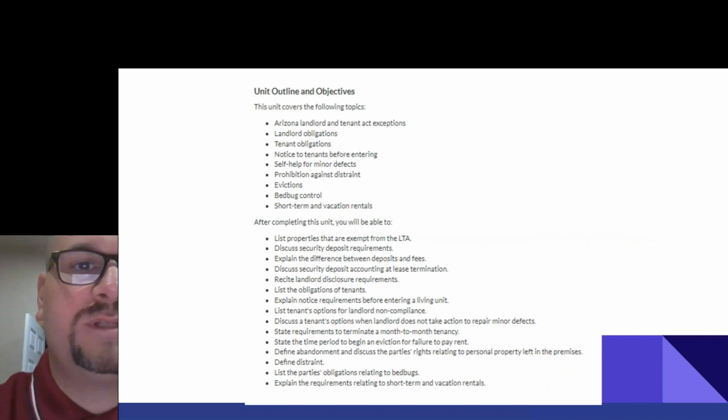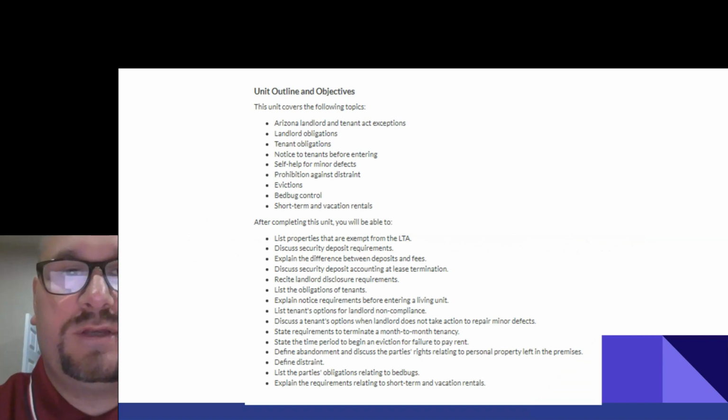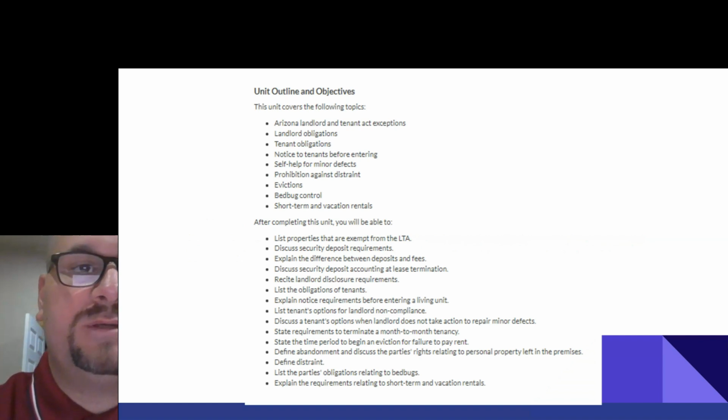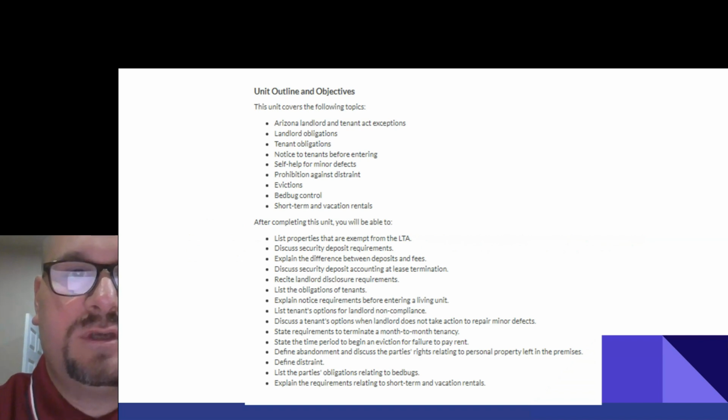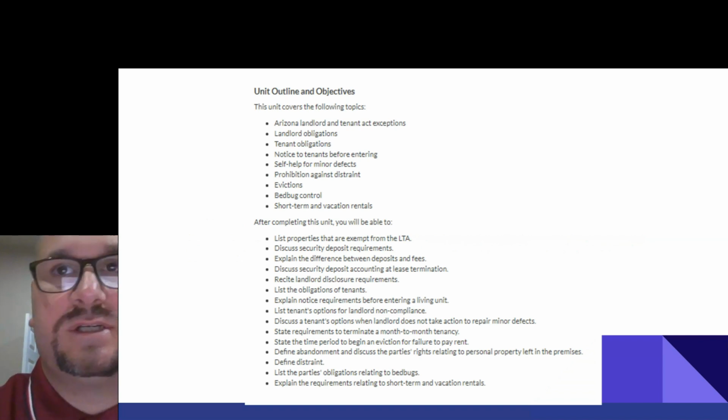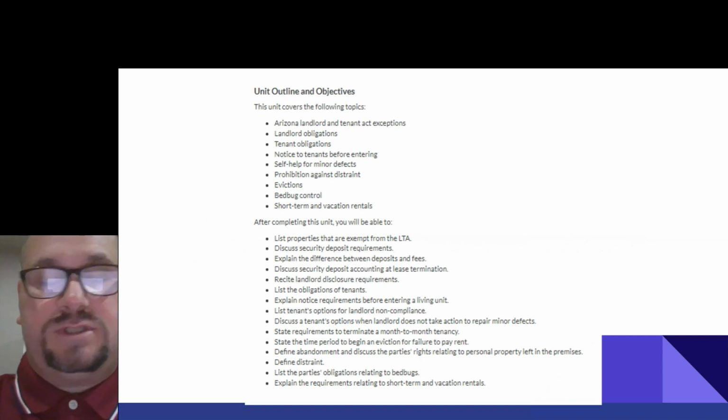So, Arizona Landlord and Tenant Act exceptions, the landlord obligations, tenant obligations, notice to tenant before entering, self-help for minor defects, prohibition against distraint, evictions, bed bug control, short-term and vacation rentals. So those are the topics we're going to go over in this unit.